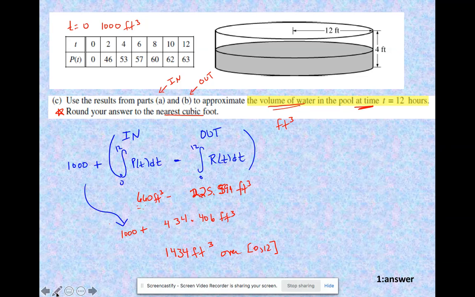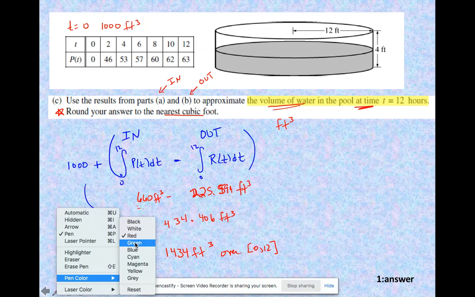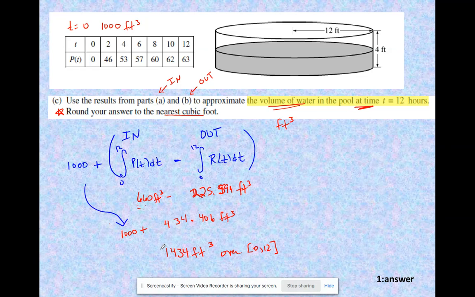This only had one rubric point with it, and the answer includes the interval. 1 point for the answer, and in the rubric, the answer is not for any of this. There's no work for any, because really you've already done all of this work, right? And you didn't get the 1,000, it was given to you.